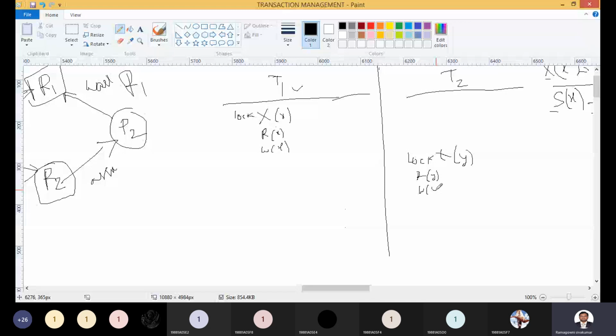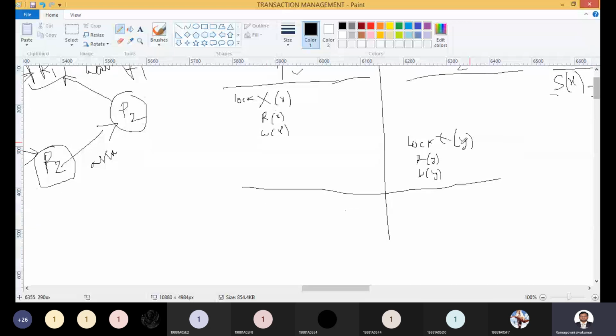Okay. After that, observe here clearly. I'm performing exclusive lock on Y data item. That means I'm performing read operation on Y data item and write operation on Y data item.